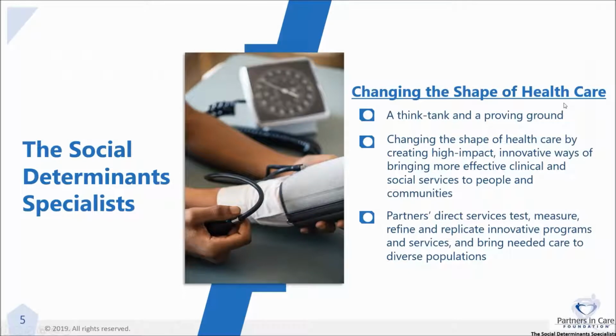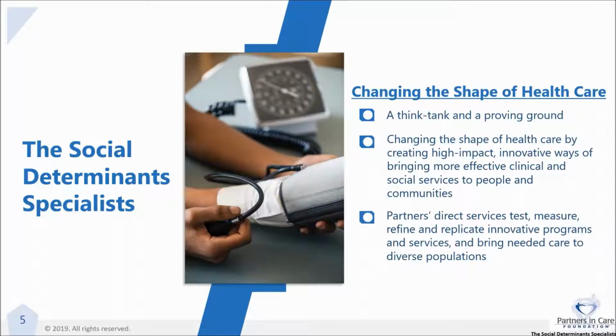So what does it mean to be a specialist in social determinants of health? For Partners, what that means is that we're a think tank and a proving ground for evidence-based initiatives that work in this area, and we work to shape healthcare by creating high-impact, innovative ways of bringing more effective clinical and social services to people and communities.